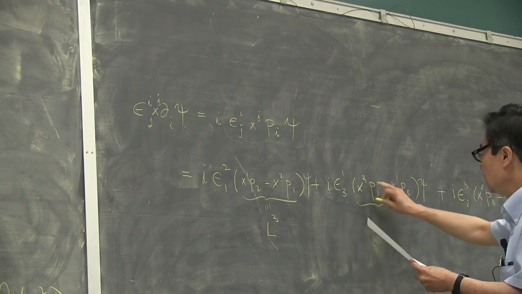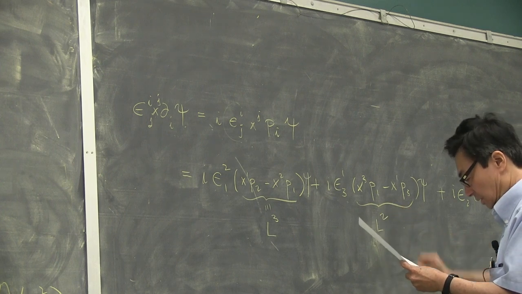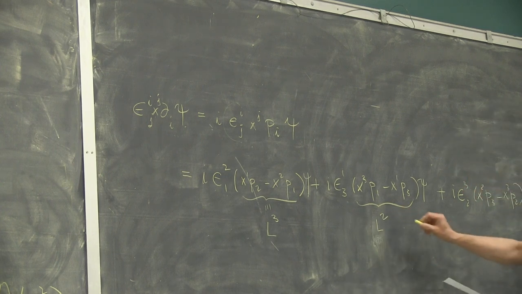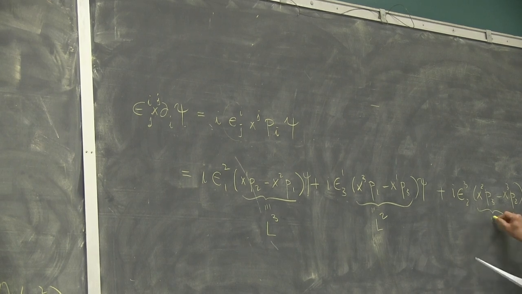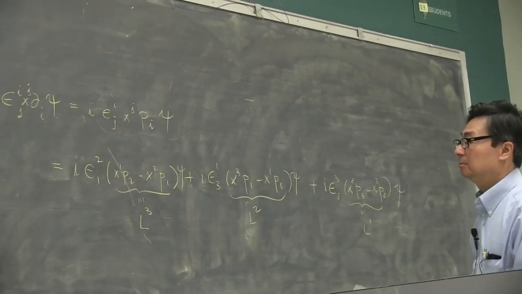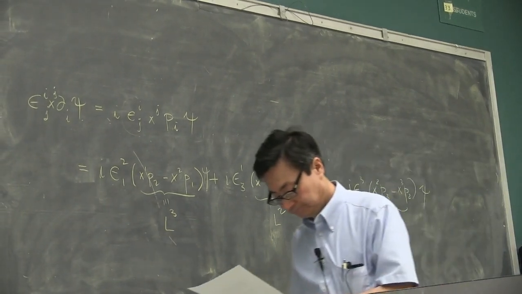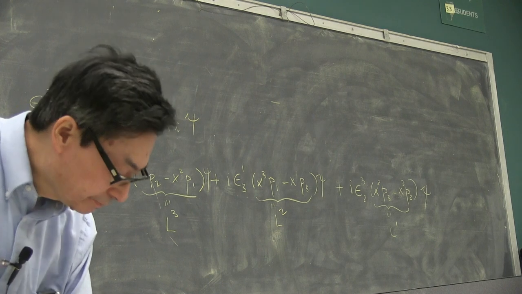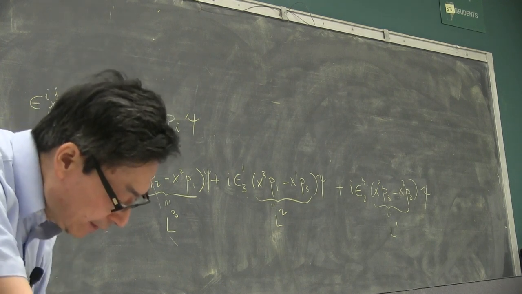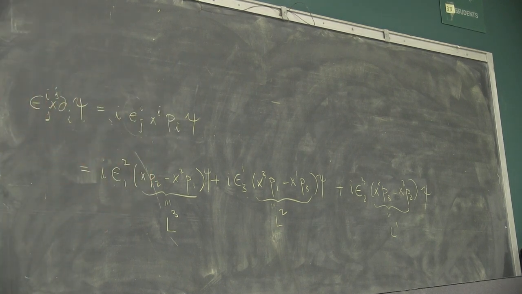So I'm going to define x3 p1 minus x1 p3 as L2, the 2nd component of the angular momentum. And clearly x2 p3 minus x3 p2 is going to be defined as the 1st component of the angular momentum, like that. Okay? And I think that just about does it for us.